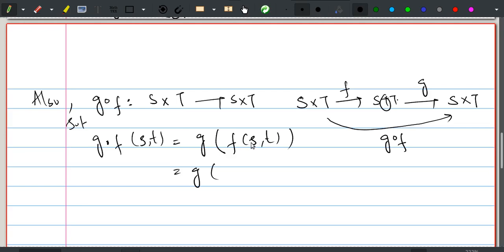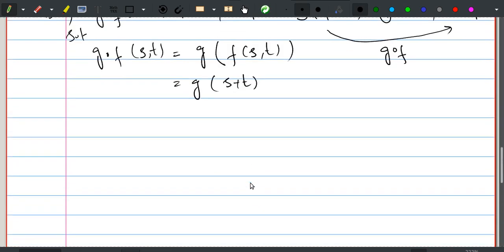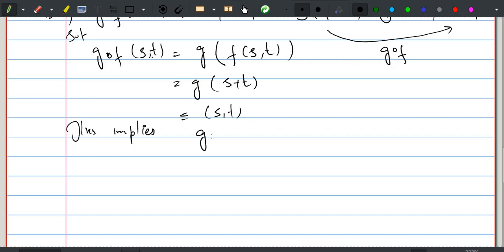Now F sends this tuple (s, t) to s plus t, and by definition of G, this sends the element to (s, t). So G of F sends (s, t) to (s, t). This implies G of F behaves as an identity function on S cross T. Hence F is invertible.